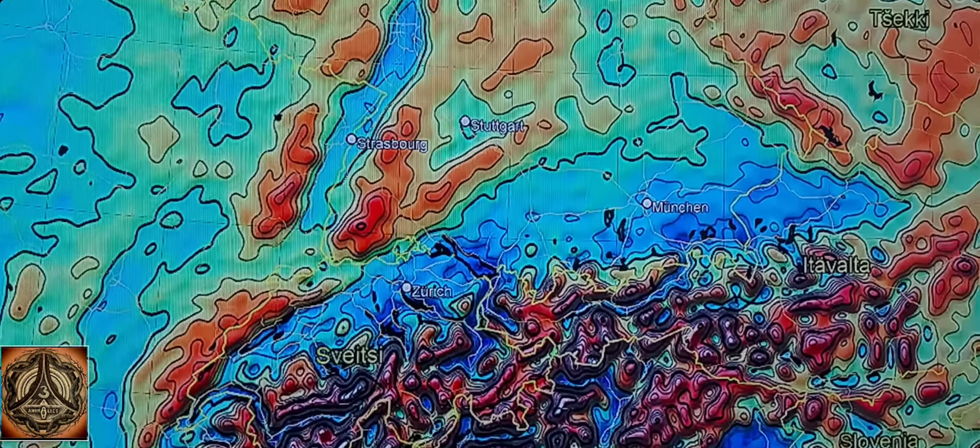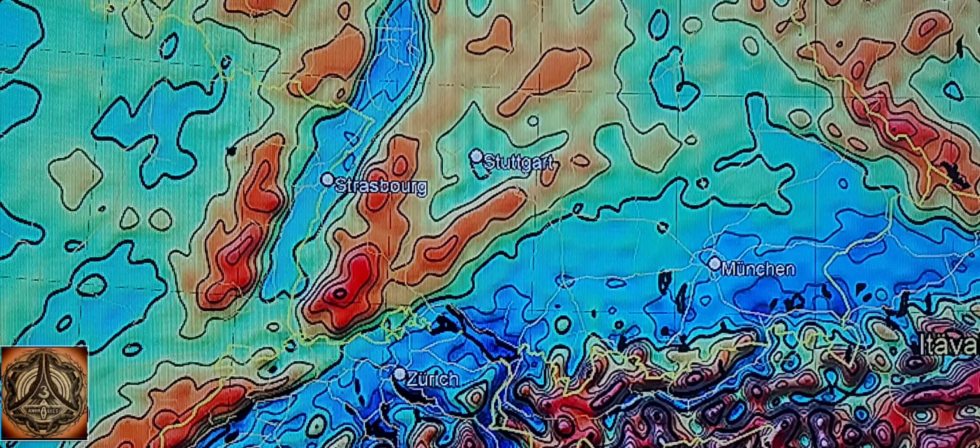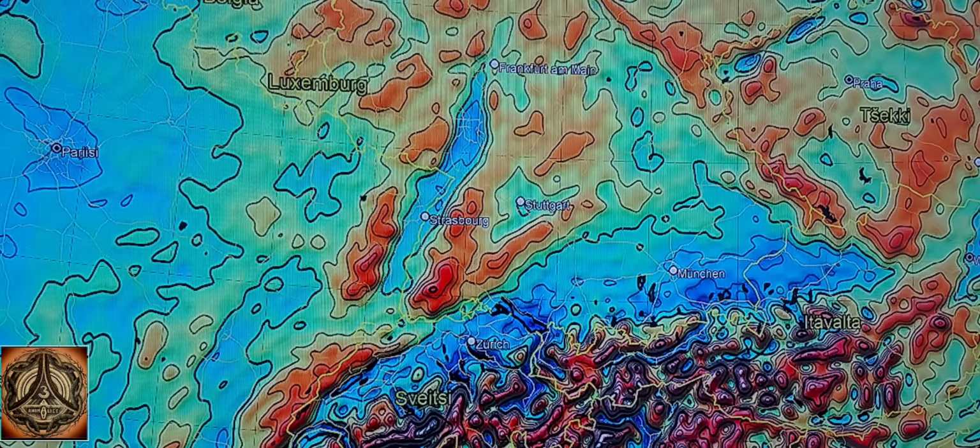That's a picture from the gravity anomaly layer of Google Earth. And those layers just work on a computer. And since I'm not a nerd, I had to take a picture with my camera. And the region we are talking about is somewhat here.